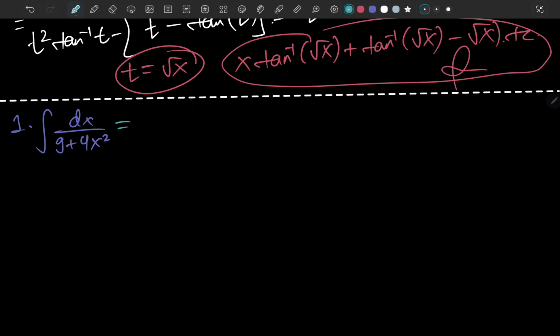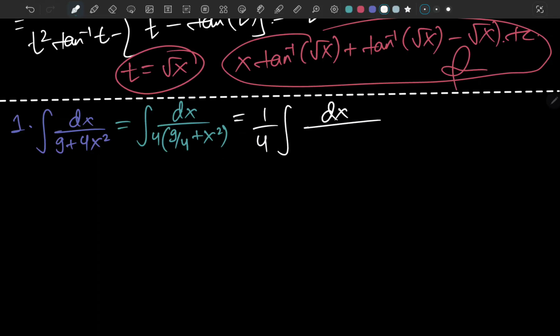Factor out 4 from the denominator, so the integral becomes dx over, I'm just factoring out 4, so it becomes 9 over 4 plus x squared. So far so good, guys. So this becomes 1 over 4 times the integral of dx over, well, I can write 9 over 4 as 3 over 2 whole squared plus x squared.